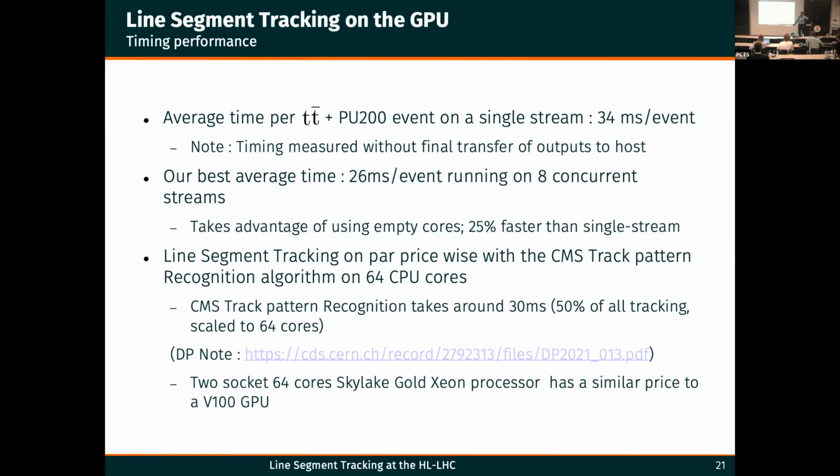Let's say the baseline number for CMS full tracking is a couple of seconds, 2.2, but this is the full one. We got it from the DP note, which has a slide that says some 2411 milliseconds.